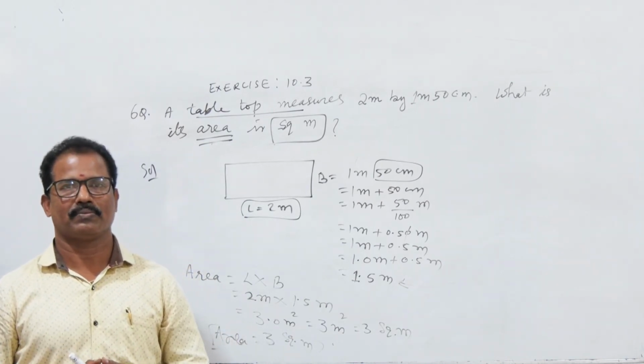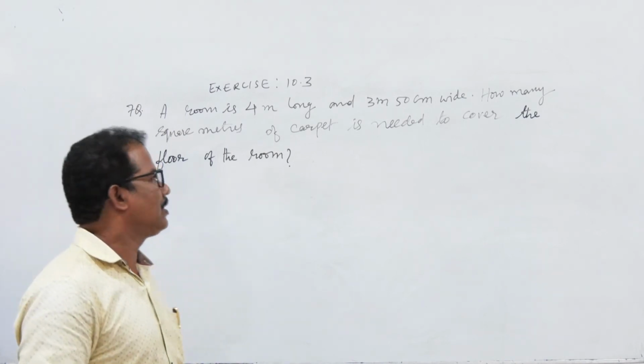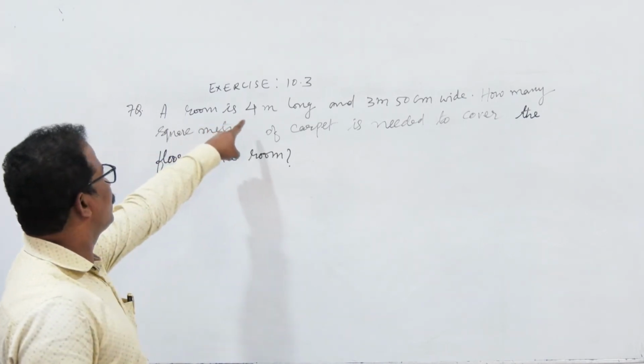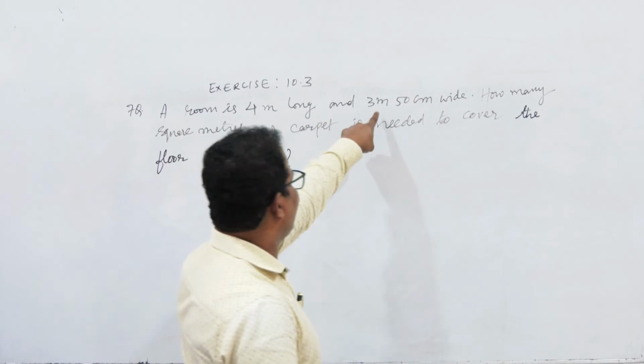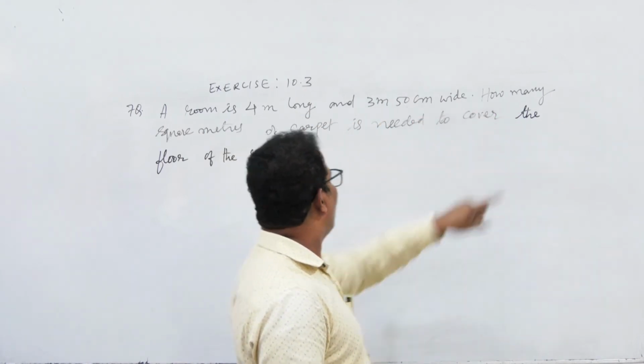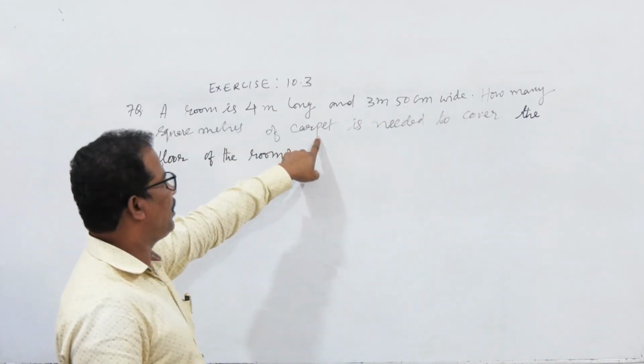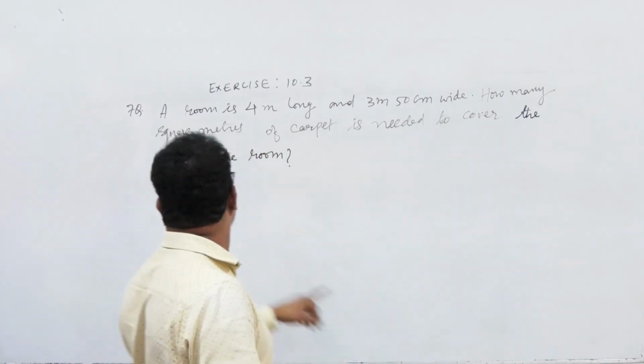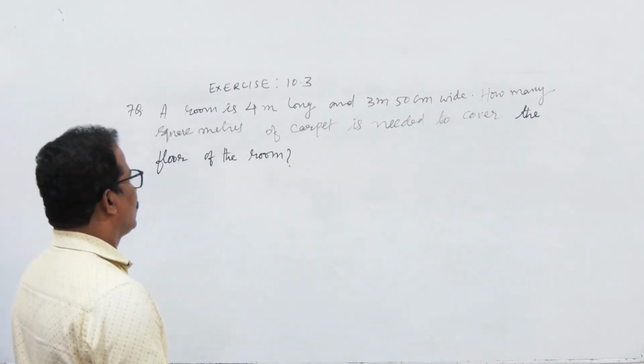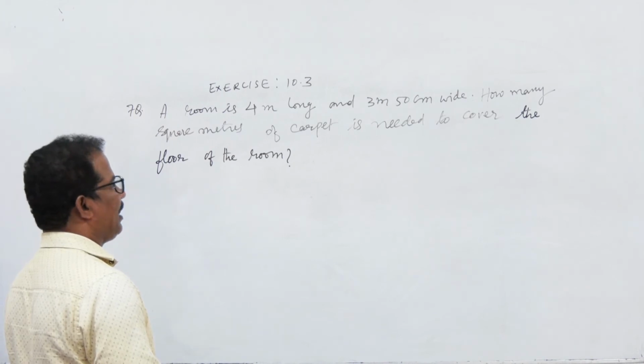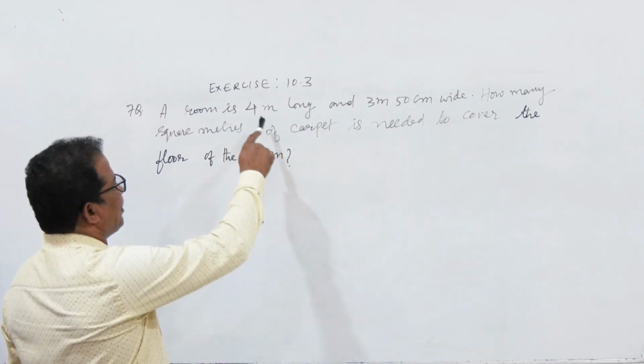Understand? Good. Now in question number 7, see, a room is 4 meters long and 3 meters 50 centimeters wide. How many square meters of carpet are needed to cover the floor of the room? So the floor is in the shape of a rectangle. How do we know? By seeing these measurements.